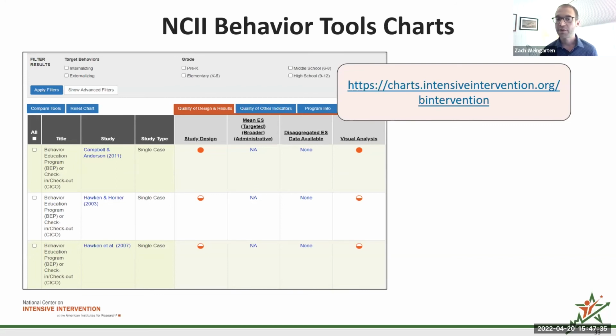So the behavior tools chart, the one that's on the screen here, is the behavior intervention tool chart, and you can see it's a way to summarize some of the evidence behind a particular intervention or assessment tool, and that's a great place to look for resources like behavior interventions, as well as information about behavior progress monitoring and screening.